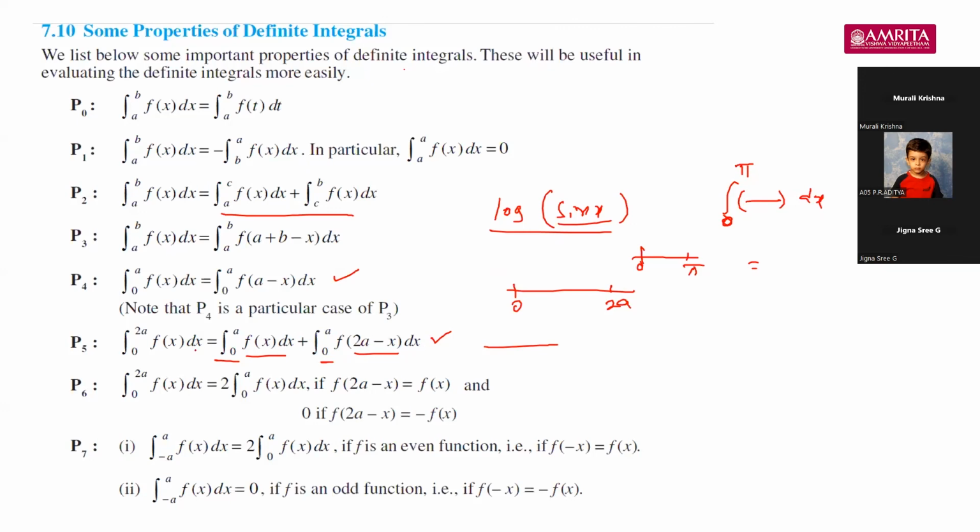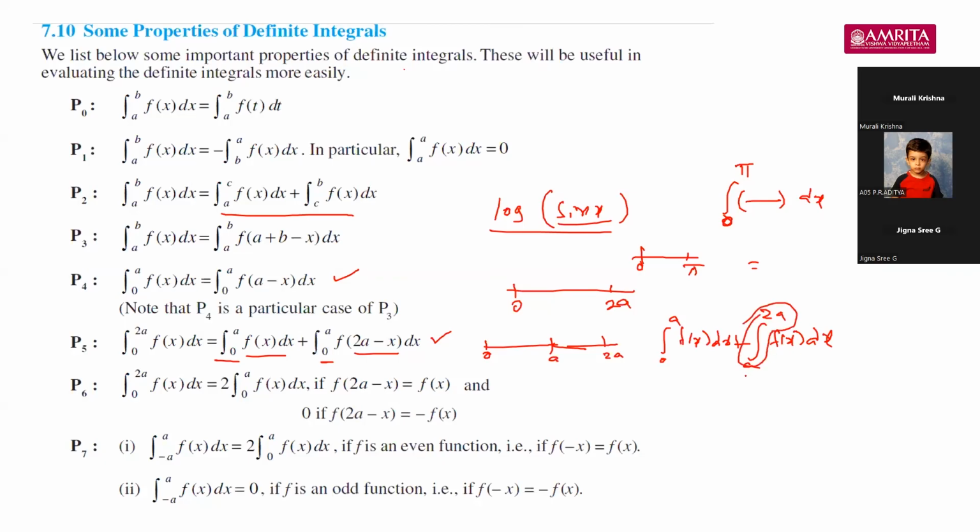We split the original 0 to 2a integration as 0 to a, this left side integration, plus a to 2a. That is, integral 0 to a f of x dx plus integral a to 2a f of x dx. Now, I don't want these limits; I want again 0 to a.